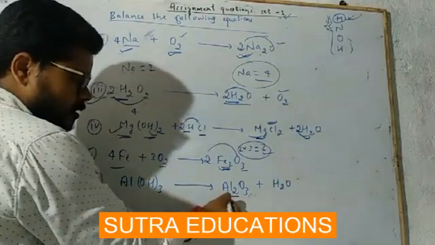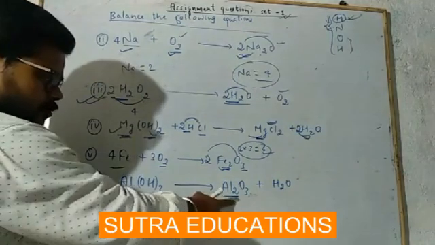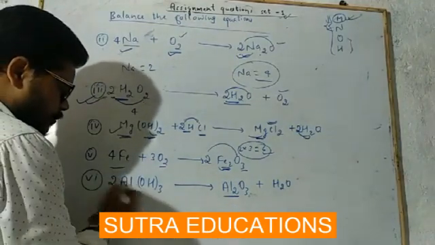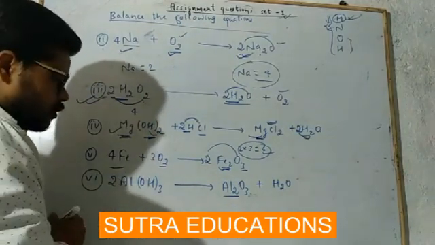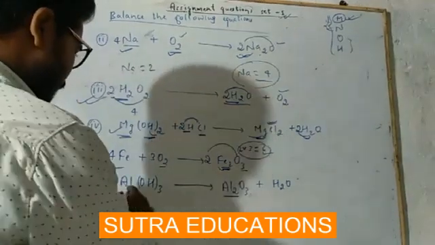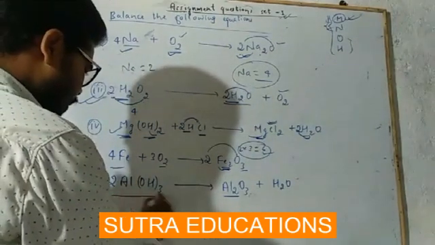Metal here is 2, aluminum is 2 this side, so multiply this by 2. Now metal is balanced, so if you multiply this by 2, then metal is balanced.